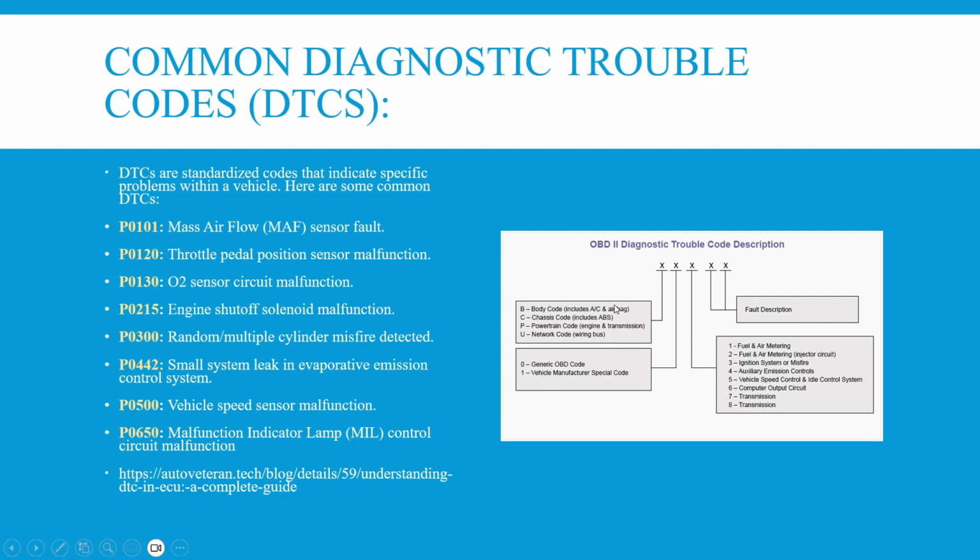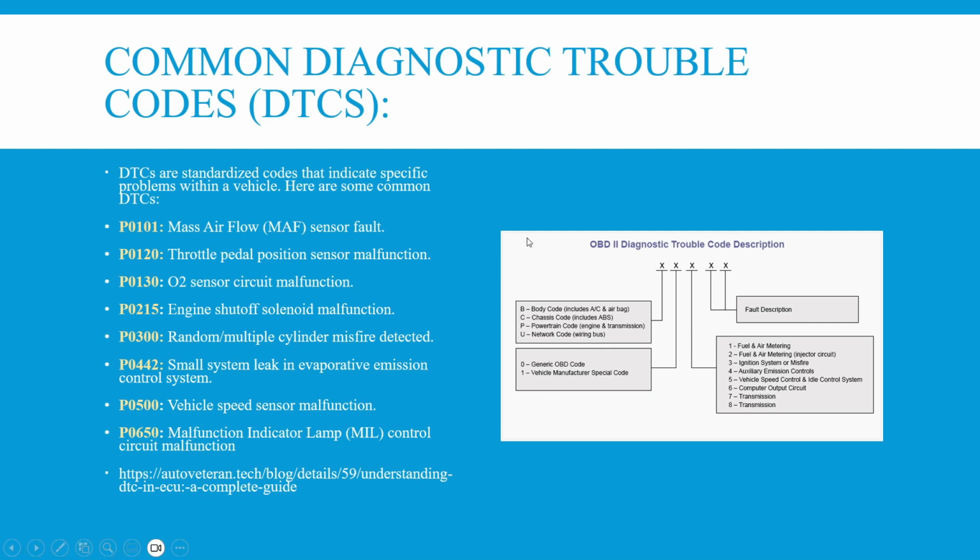And the letter C in the first digit specifies an error code from the chassis. The chassis includes the ABS system also. So any error detected on the chassis and ABS is generated with the first digit C. The letter P in the first digit indicates a powertrain code, or engine and transmission system error code.